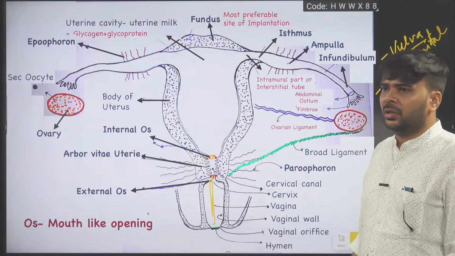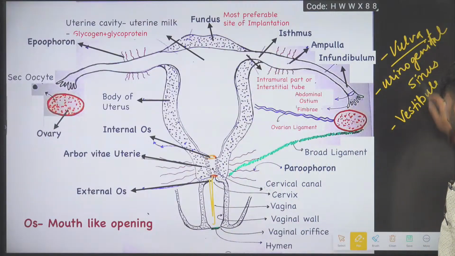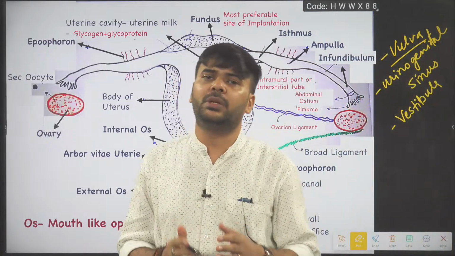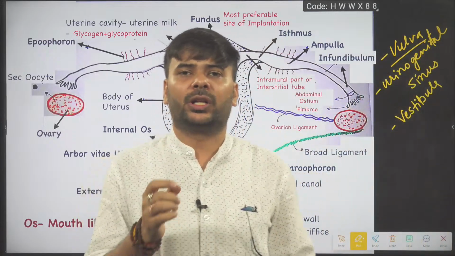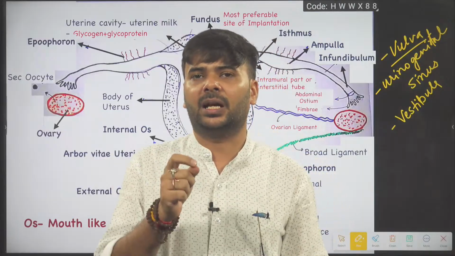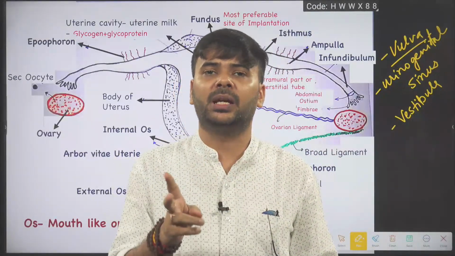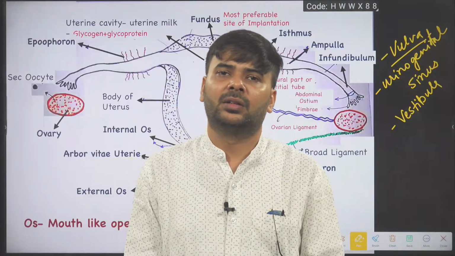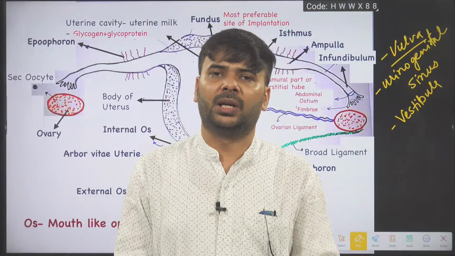Yes. Then next. This part, everyone, you can note it down. Remember in male, now one small comparison: in male we studied that the urethra carries semen as well as urine.